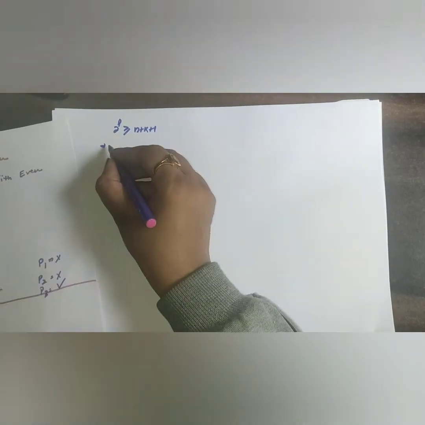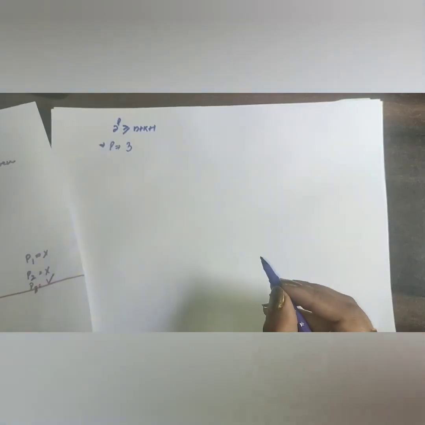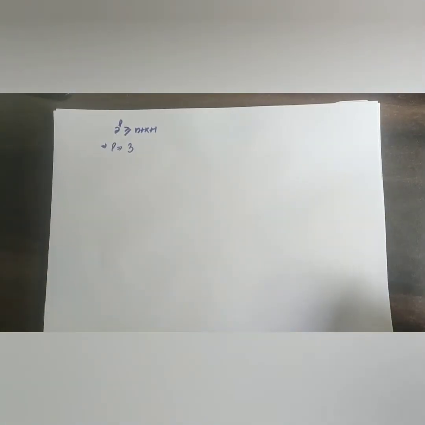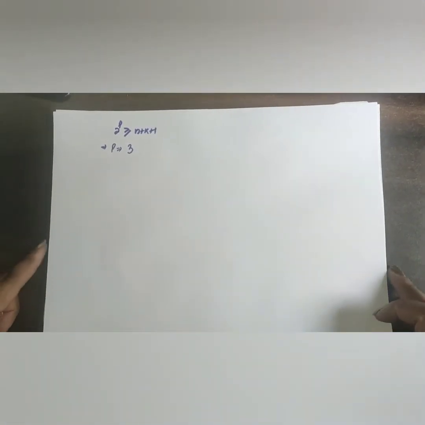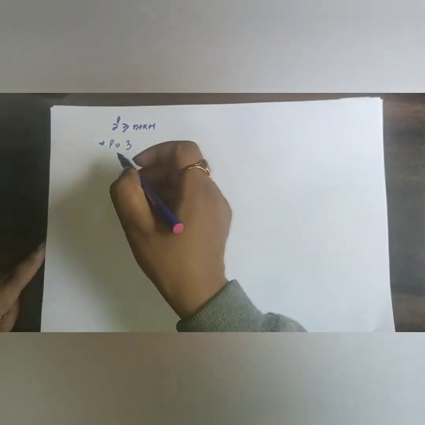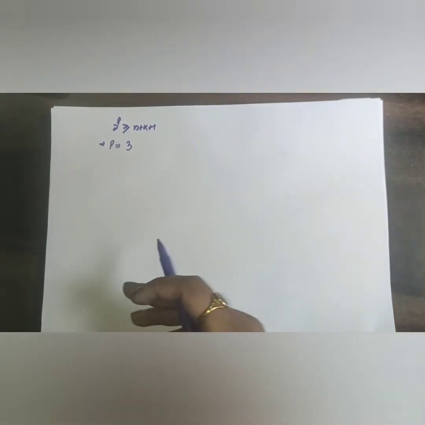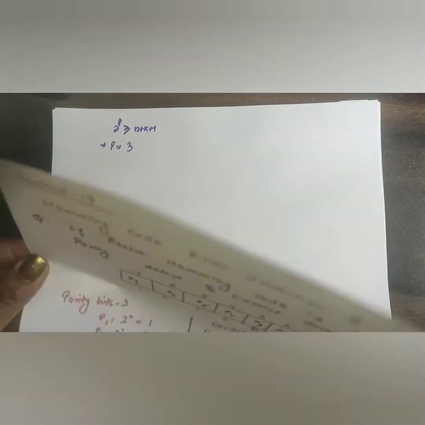You can check there will be 3 parity bits. I have explained how we calculate the parity, so you can refer to my previous lecture for this.